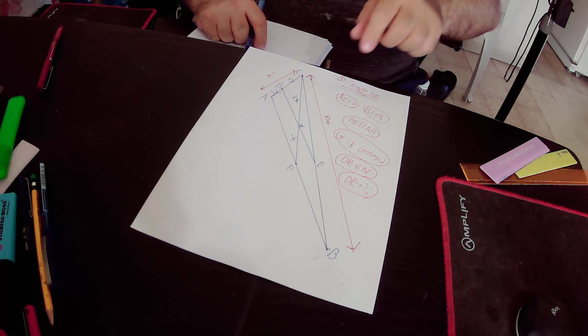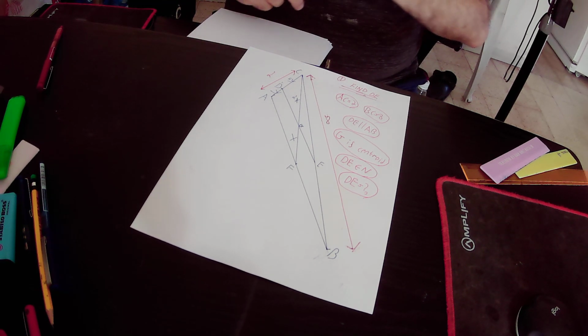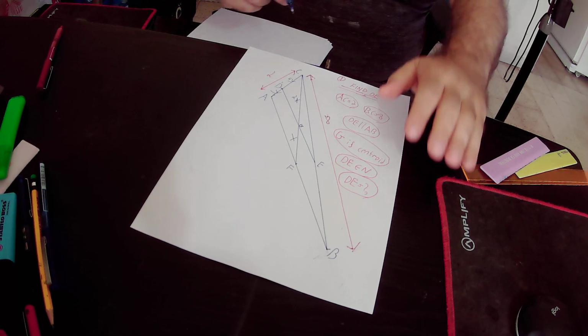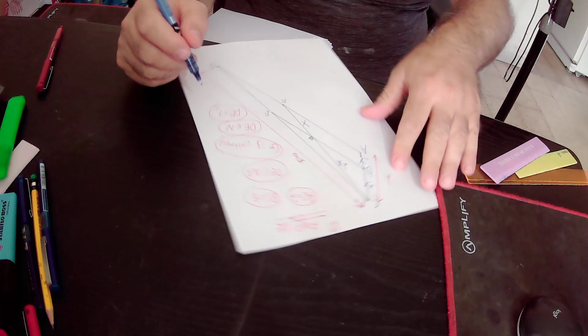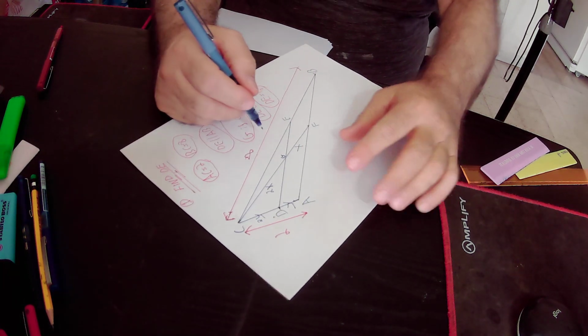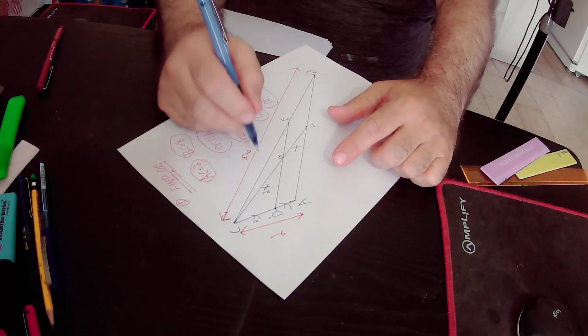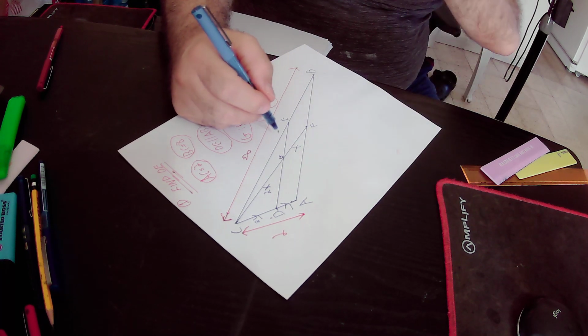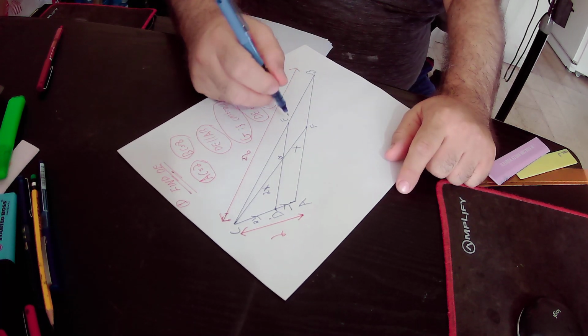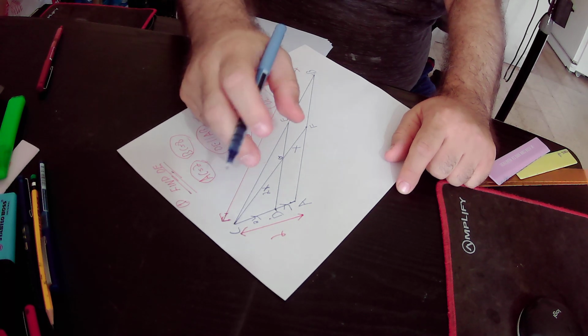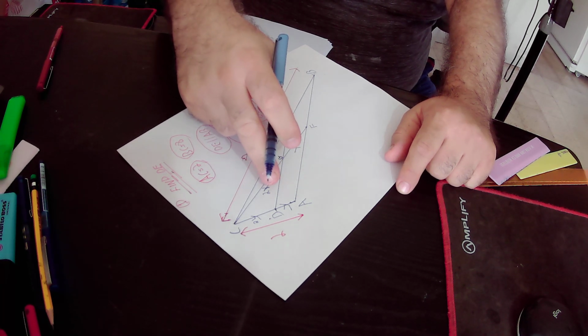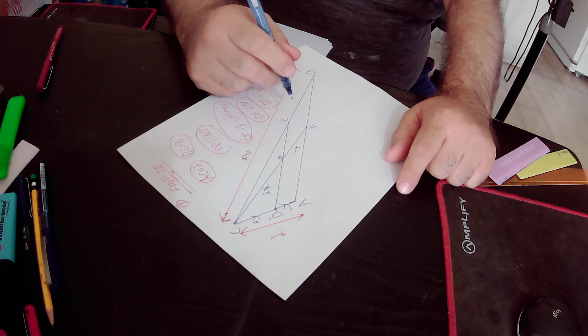Here we know that DE is parallel to AB. Therefore, the corresponding angles, those two angles, will be equal to each other because DE is parallel to AB.